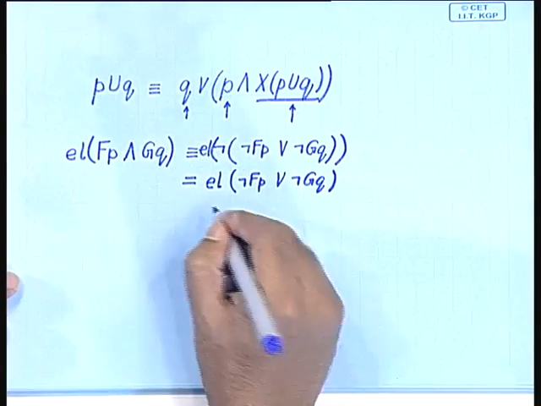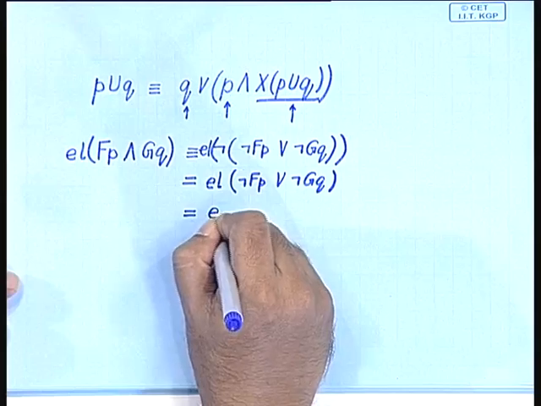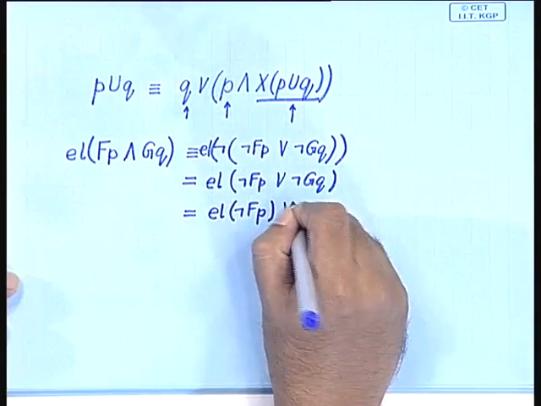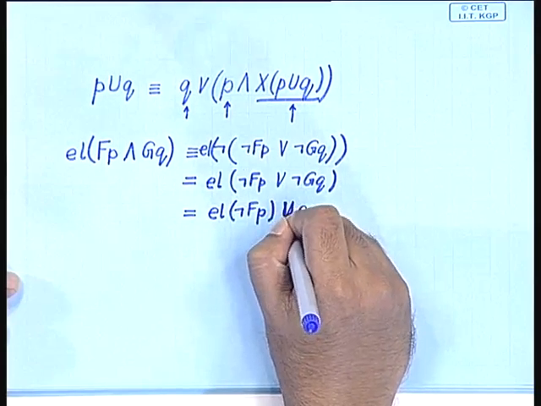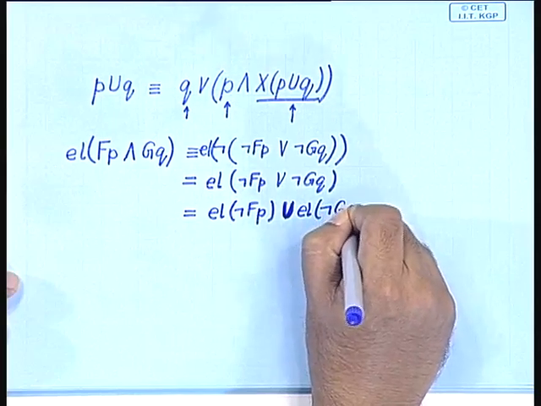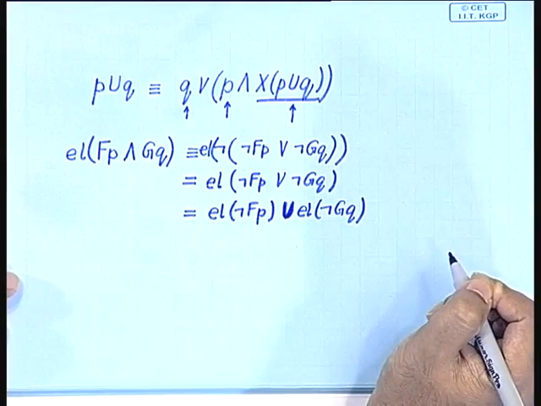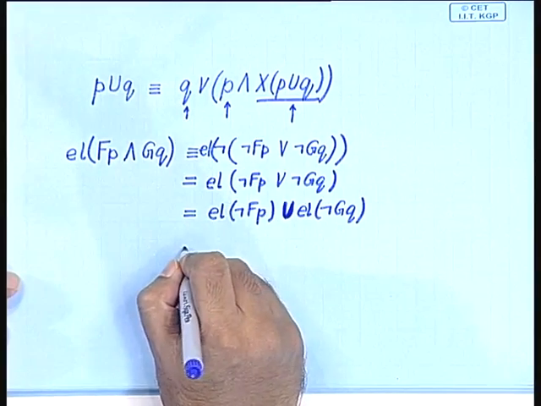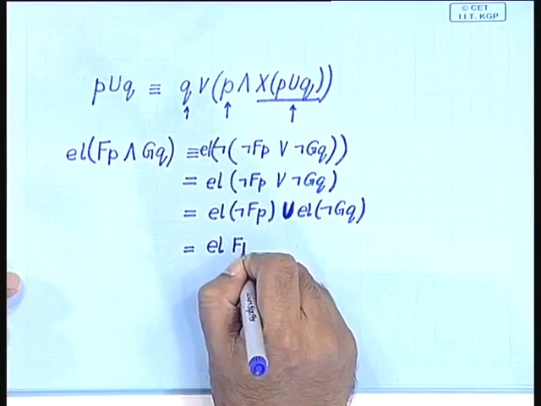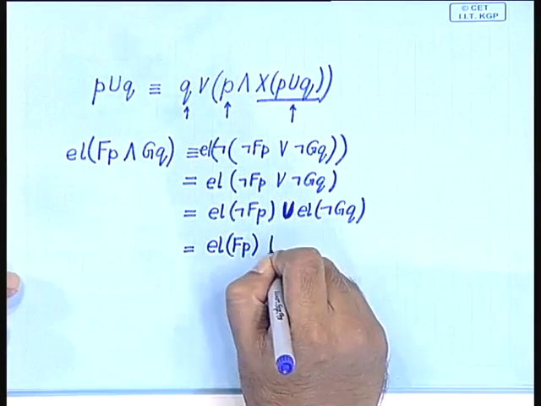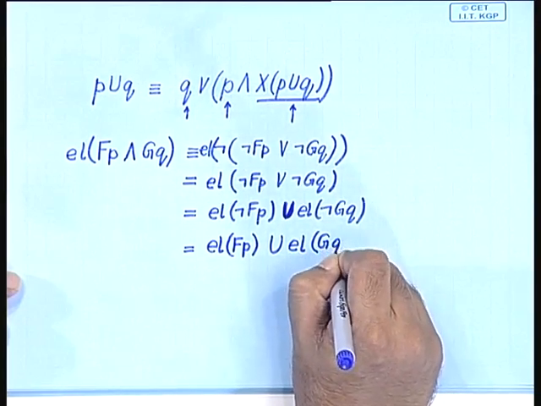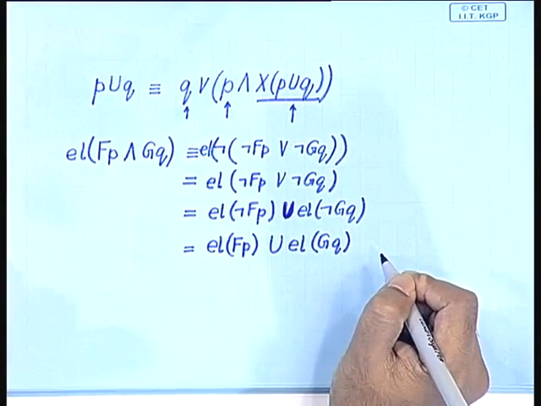right. So, this in turn is the elementary of not of F p, union the elementary of not of G q. This is the elementary of F p, union the elementary of G q.